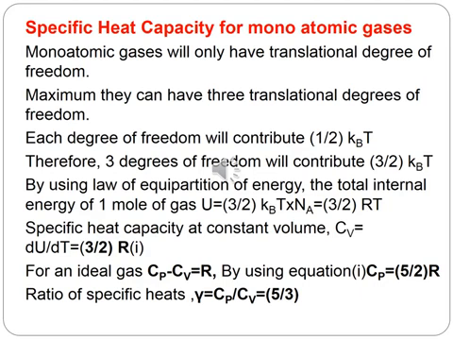So, they can have 3 translational degrees of freedom. Each degree of freedom will contribute 1/2 kBT. Then 3 degrees of freedom will contribute 3/2 kBT.